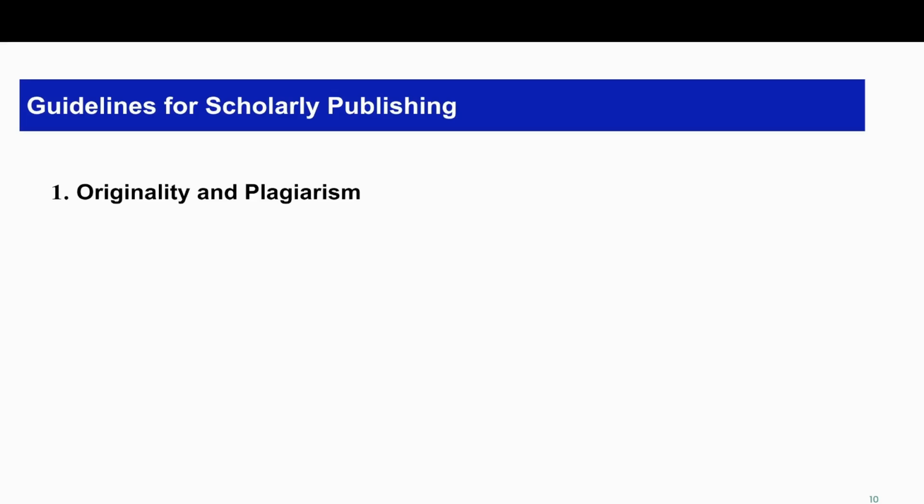We have to use plagiarism detection tools like Turnitin before the submission. And we have to properly cite all the sources and give credit for the ideas, data and text which we have taken from other sources.